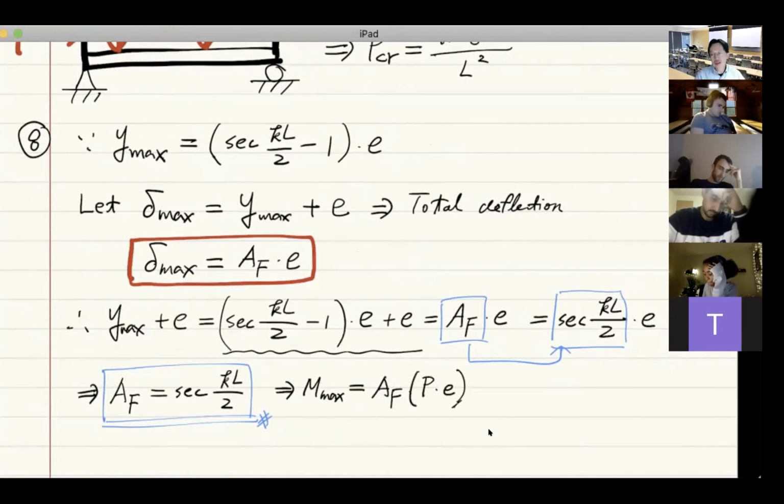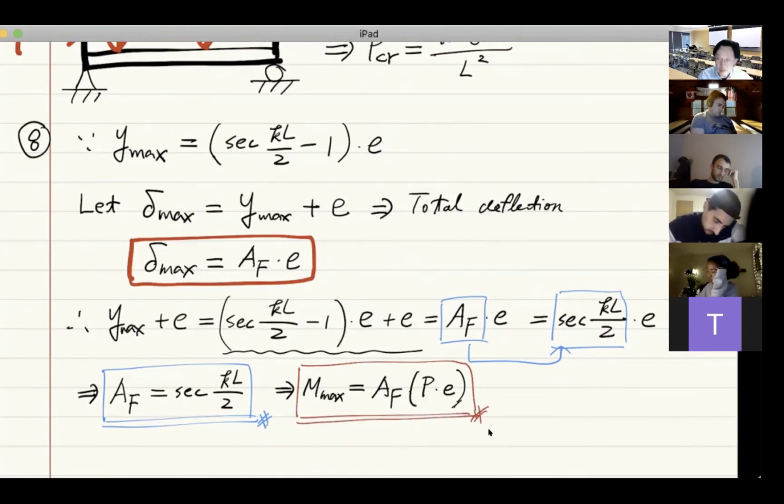So that's one reason why we want to find the expression of amplification factor, because with that, you can just convert force into moment. Then you can find out what the maximum moment is. So from here, we can find the expression of maximum moment. Like what we did before, we have the maximum deflection, right? Now we have the expression of maximum moment.